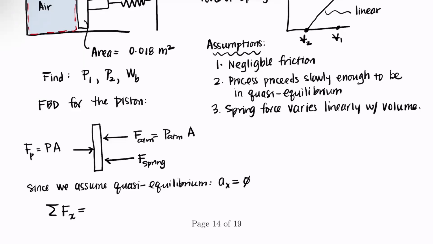Sum of the forces in X is equal to mass times acceleration in the X. We have only one positive X direction force, assuming this is our X coordinate system. So we have P times A minus P atmosphere times A minus F of the spring, and that's equal to 0 because I'm saying a_x is equal to 0.